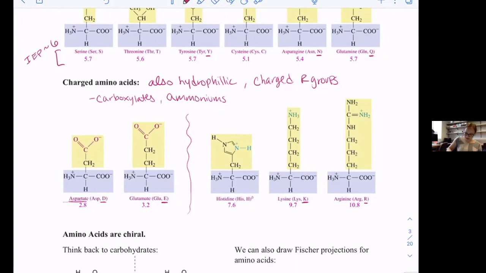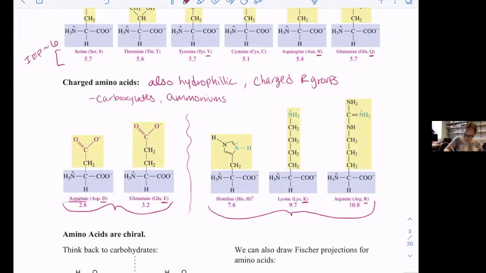So when we're looking at these, we kind of have 2 classes. We have ones that have carboxylates. We have ones that have our ammoniums.